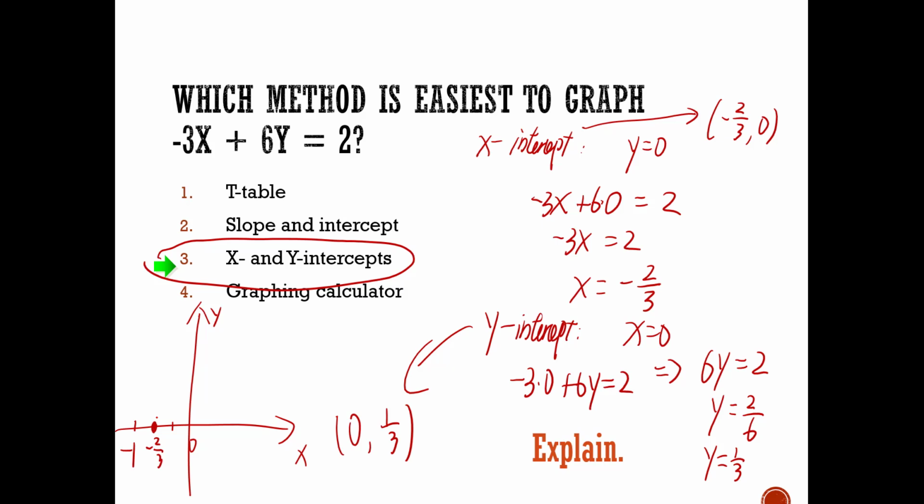The y-intercept is (0, 1/3). So that's another point, the y-intercept. Connect them in both directions. Label this negative 3x plus 6y equals 2.